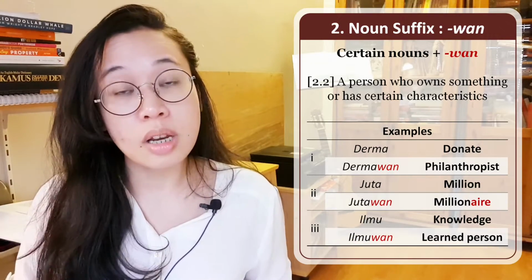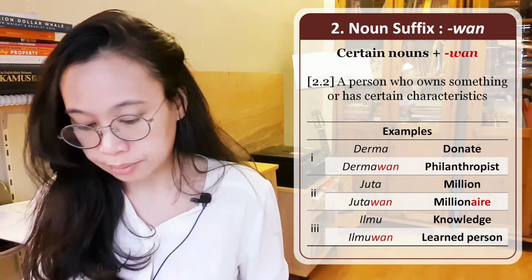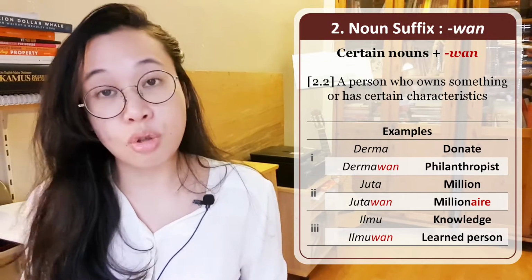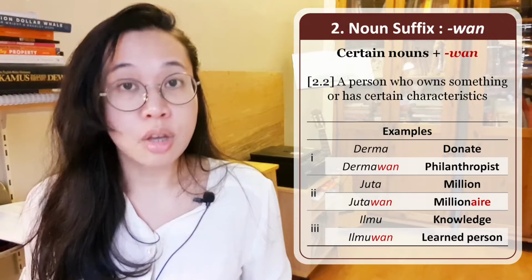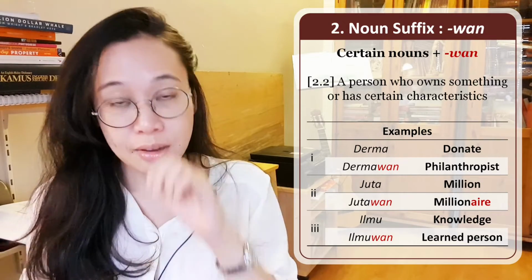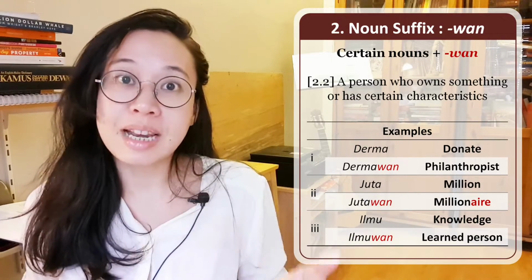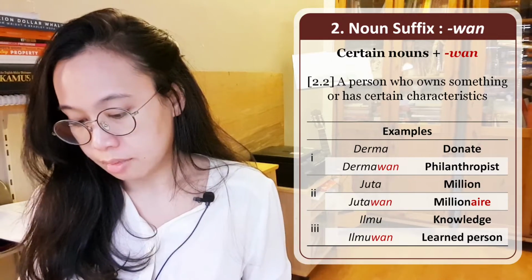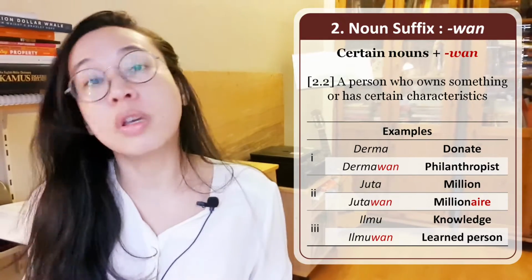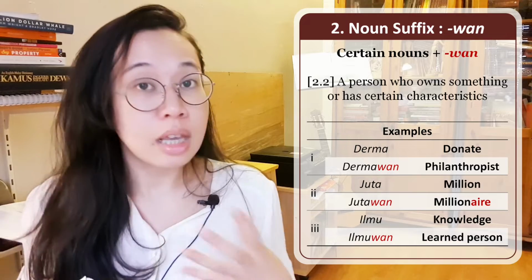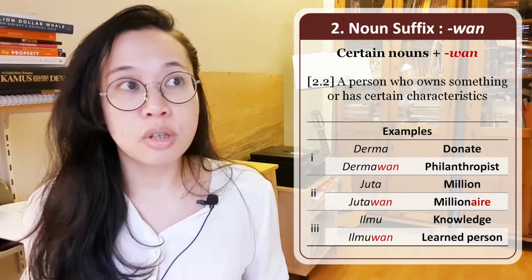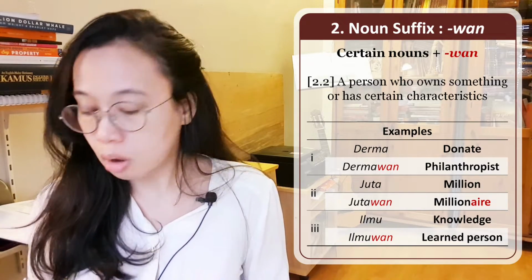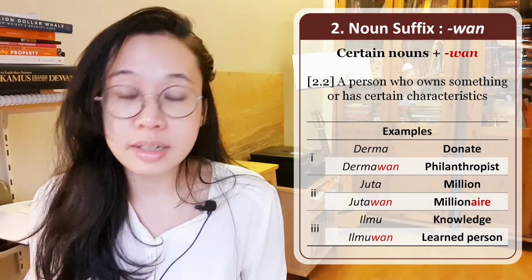So a dermawan is a philanthropist. Another example, juta means million. Jutawan, millionaire. So this millionaire has millions, juta. Or another one, ilmu. Ilmu means knowledge. Ilmuwan, a person with knowledge, so an intellectual or a scholar or a learned person.